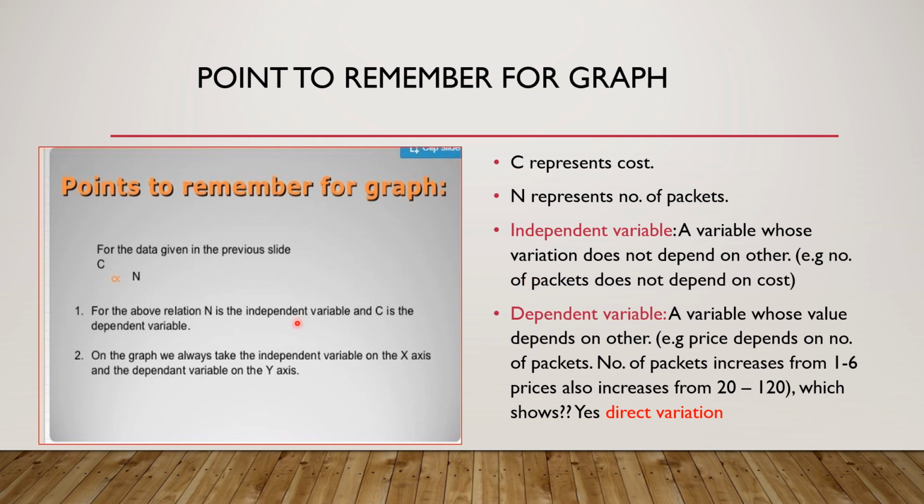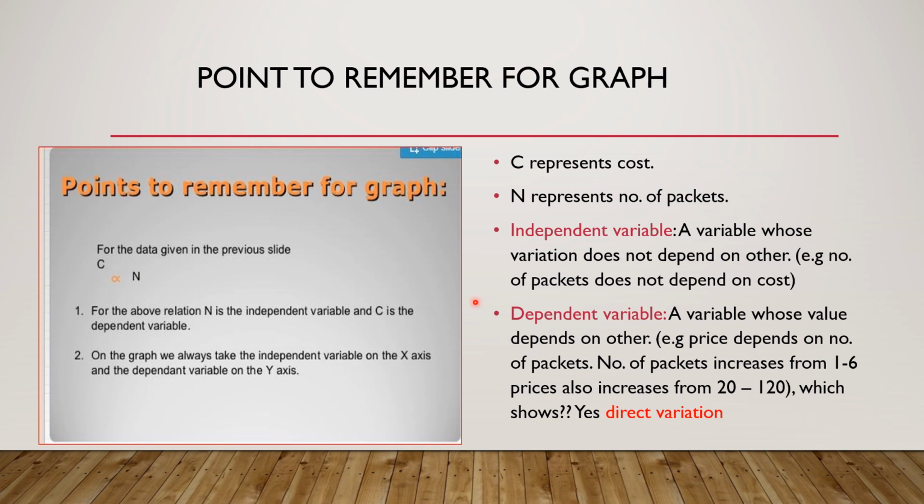It means the independent variable is N, and N is the number of packets. It means that the number of packets does not depend on the cost. If the number of packets is increasing, this is not going to depend on the cost.